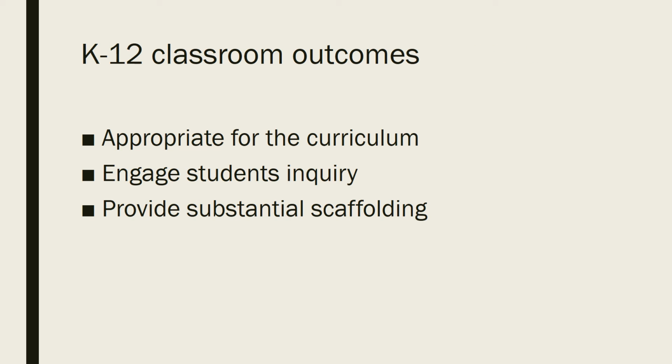So in terms of classroom outcomes, of course, our primary area of interest is to help our students learn more about the historical past, as well as develop the conceptual knowledge of history that's so essential to understanding the discipline. And so to those ends, we must develop digital history materials or identify digital history projects to integrate into the classroom that are appropriate for the classroom and meet their learning needs.